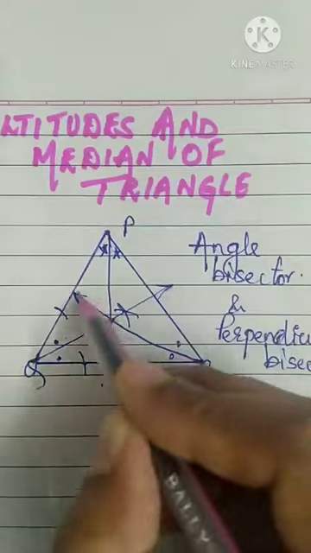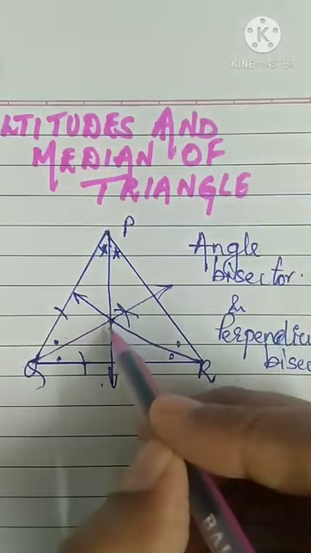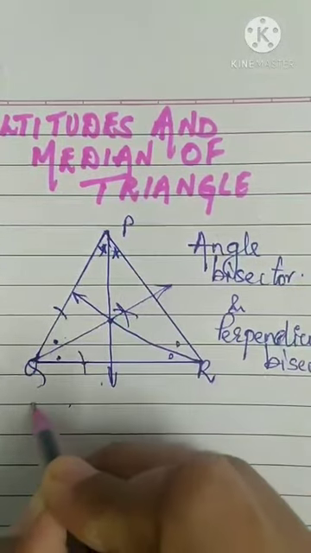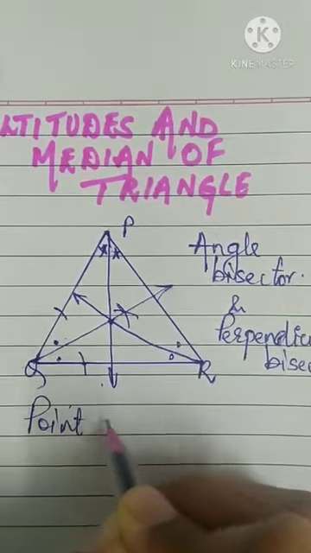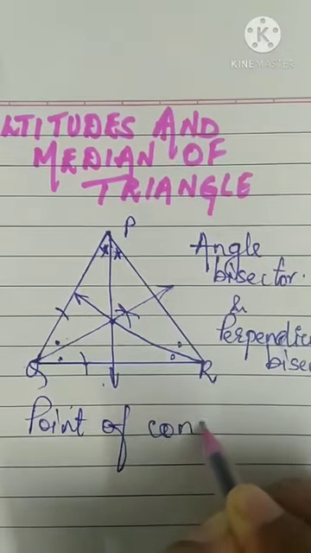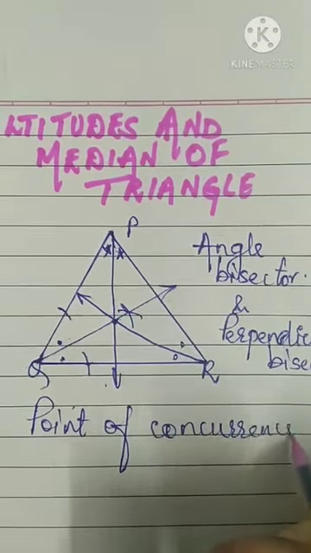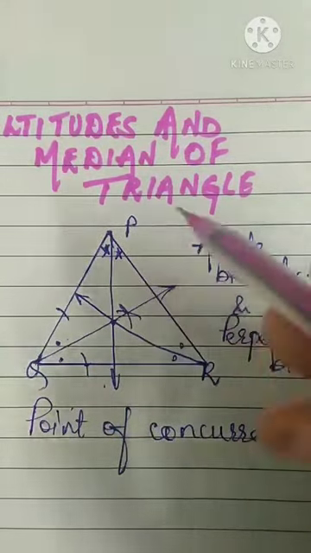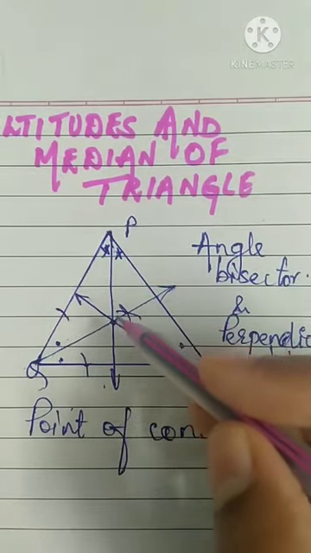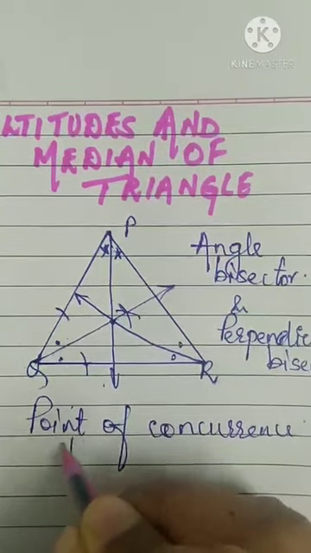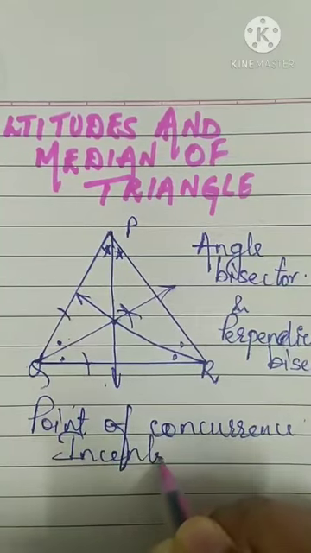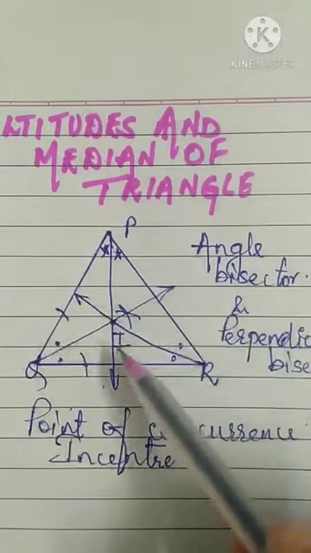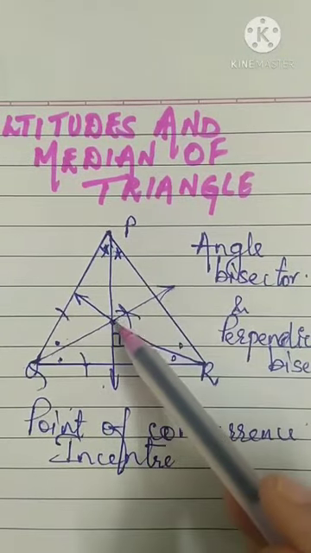When many lines pass through a single point, this point is called the point of concurrence. And when the angle bisectors of a triangle pass through a single point, this point of concurrence is called the incenter, denoted by capital I. So this you have learnt in your 7th standard, incenter of triangle.